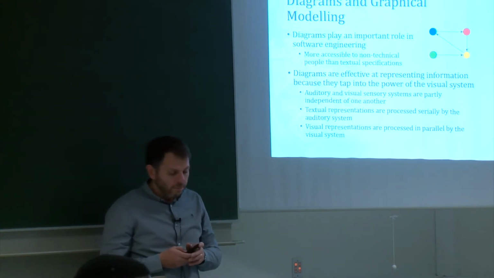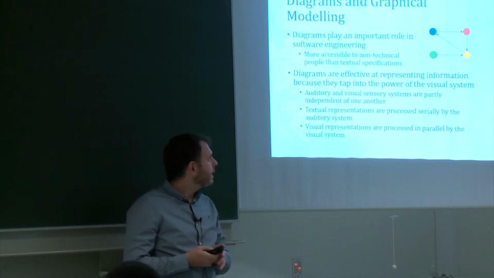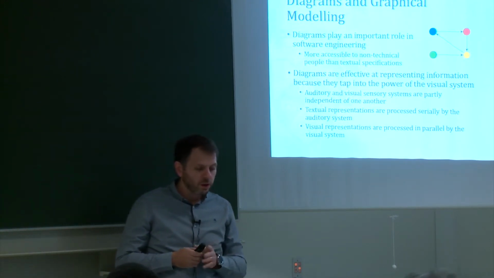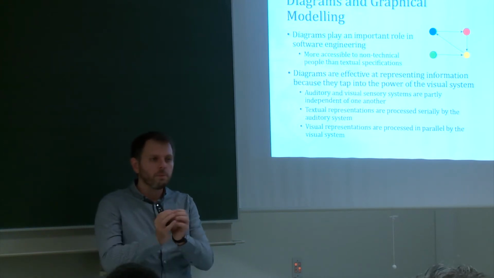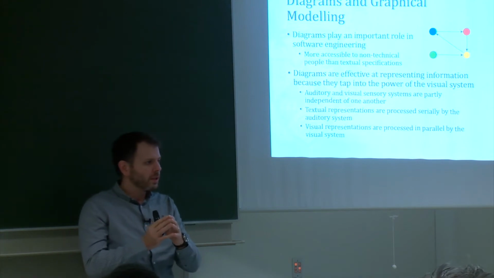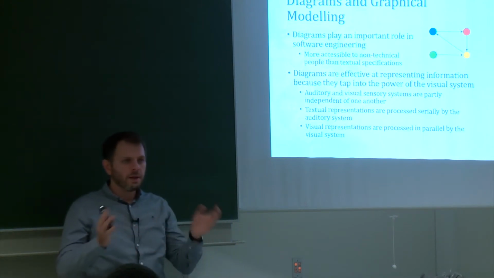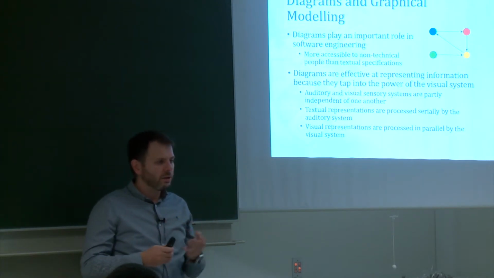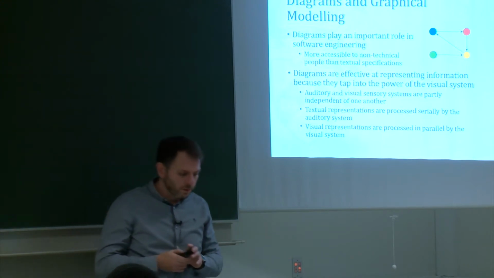So I think it's clear that diagrams have a very important role to play in software engineering, especially when interacting with non-technical people. And software is usually just one part of the picture in most systems. There are business people involved. There are other types of engineers, electrical engineers, mechanical engineers involved. And we need to somehow communicate across these boundaries.